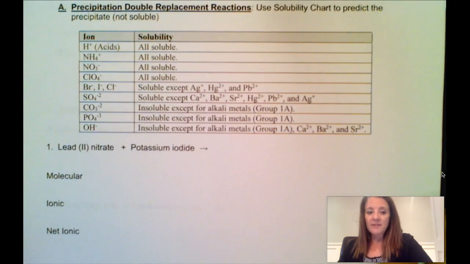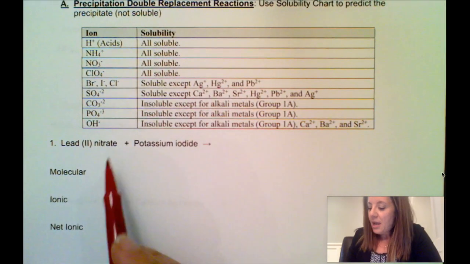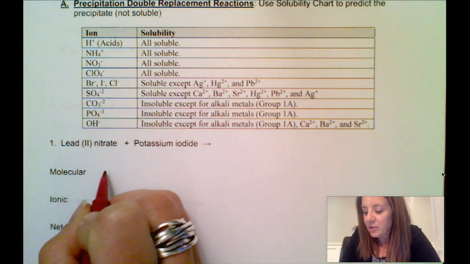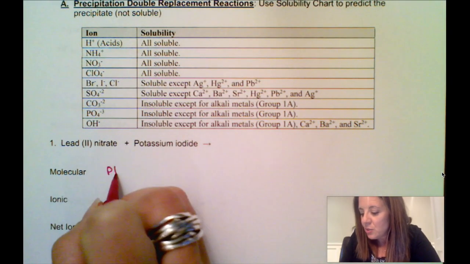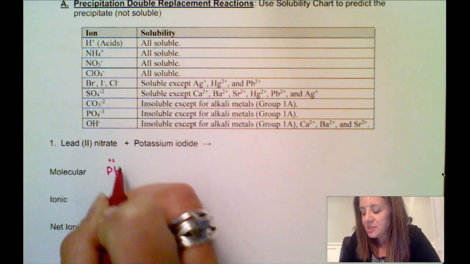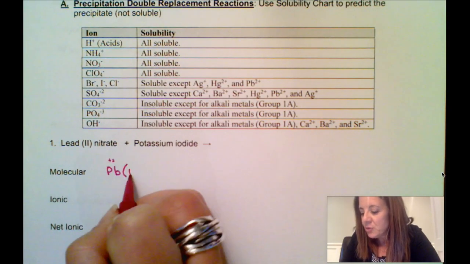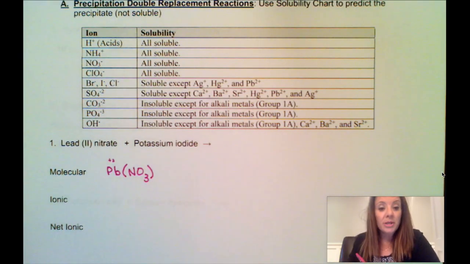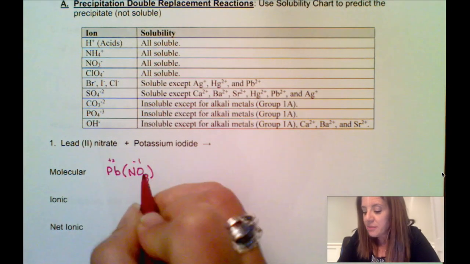So when we have lead 2 nitrate and potassium iodide, I'd like to start off with the molecular balanced equation. So lead, they're telling me to pick a +2 for lead, and I know nitrate is NO3. So this is one of my polyatomic ions, which is a -1.